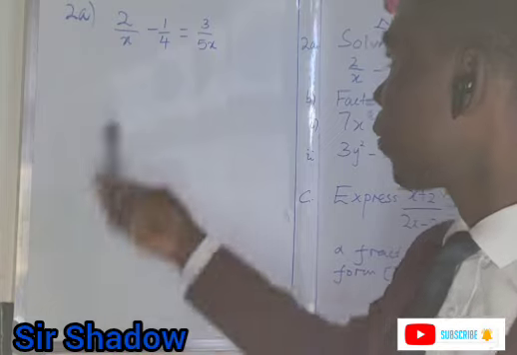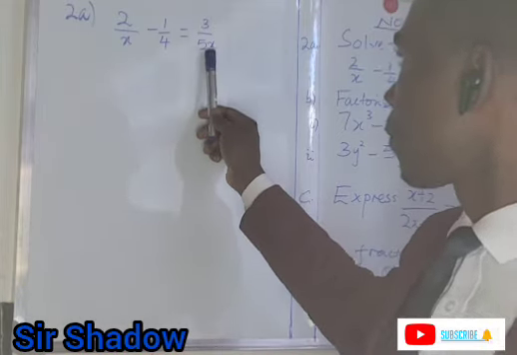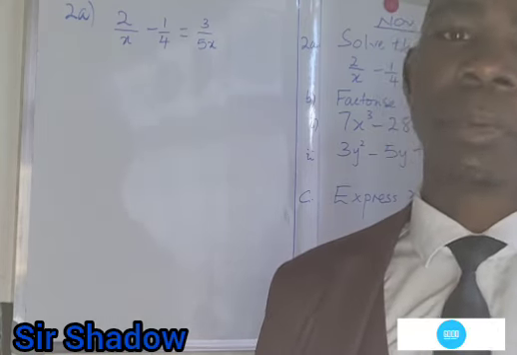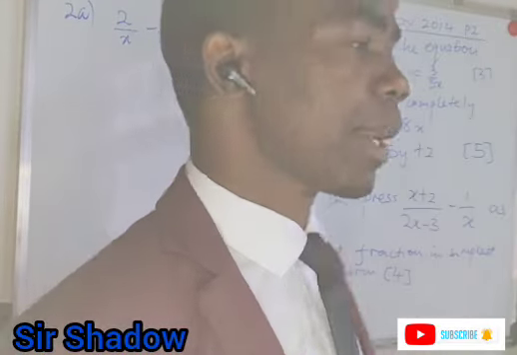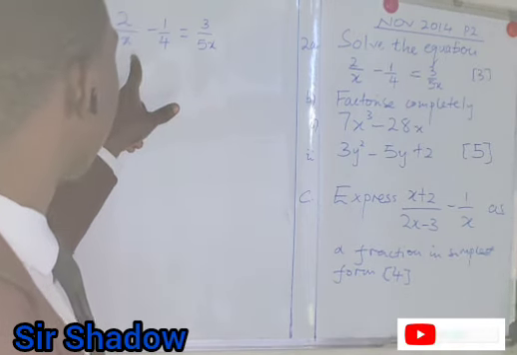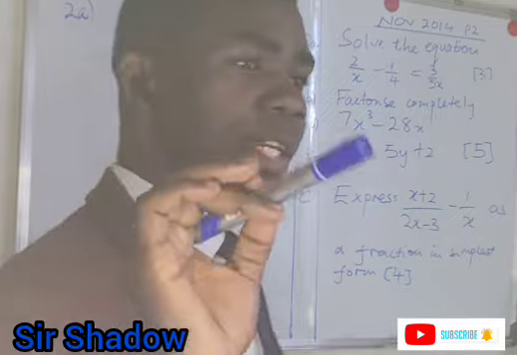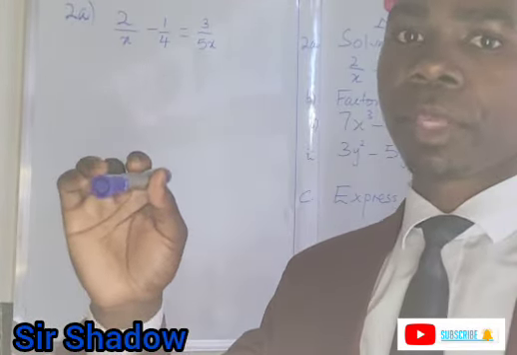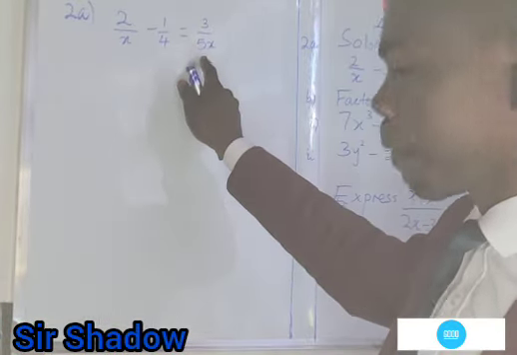The equation is 2 over x minus 1 over 4 is equal to 3 over 5x. Then after that, we multiply the lowest common denominator on each and every numerator. Let's apply that concept to find the value of x here. So we are finding the lowest common denominator of x, 4x, 5x. Remember, we have to find the number, and also the letter into which x, 4 and 5x can enter.